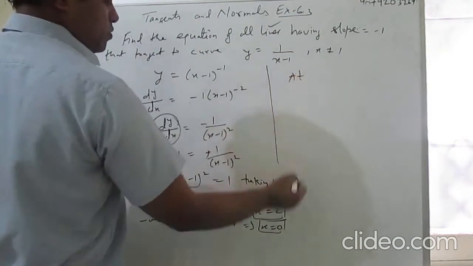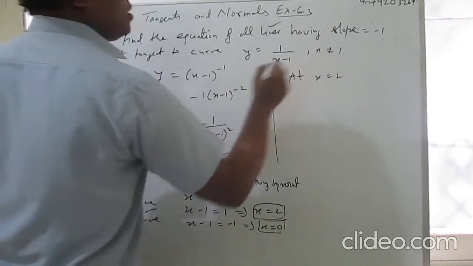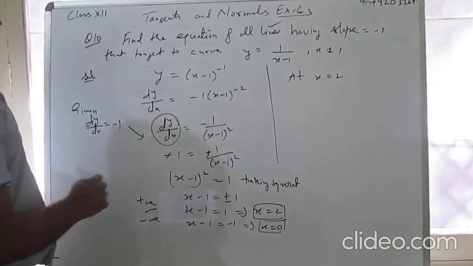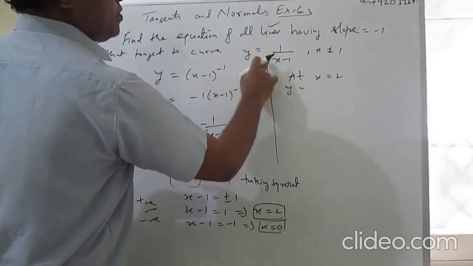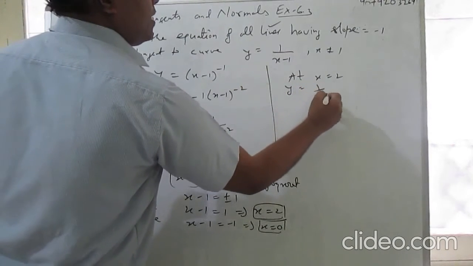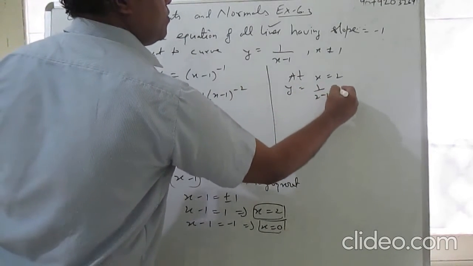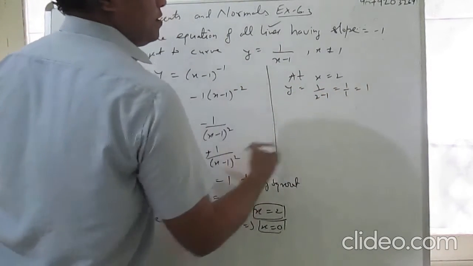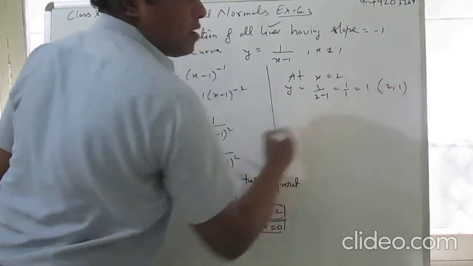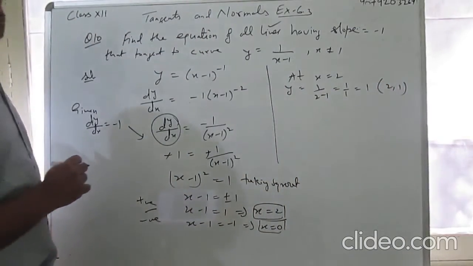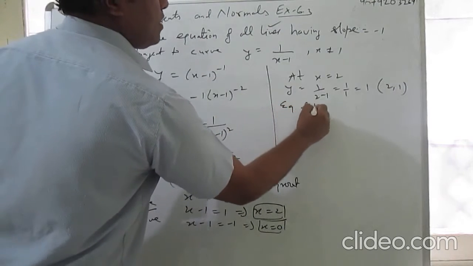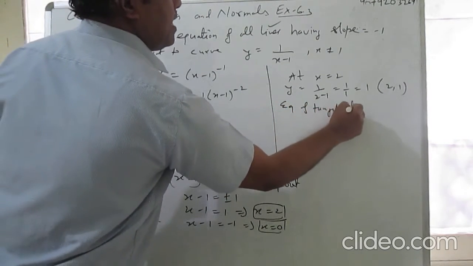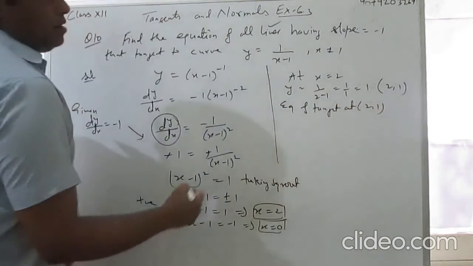So at x is equal to 2, y is equal to what? Y is equal to 1 upon 2 minus 1, यानी कि y is equal to 1 upon 1 is equal to 1. So the point is 2, 1. So equation of tangent at 2, 1.